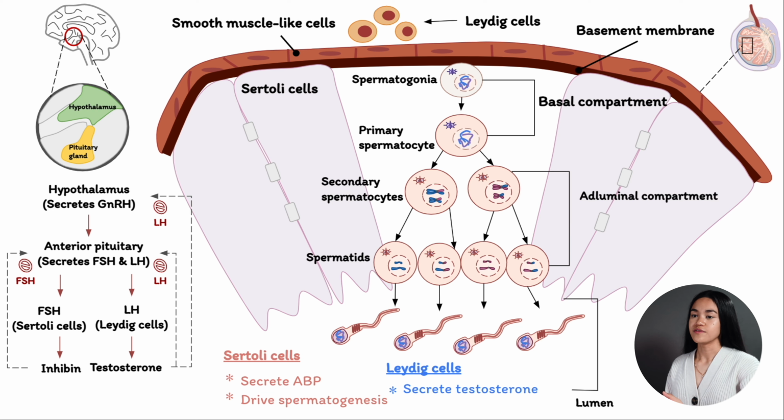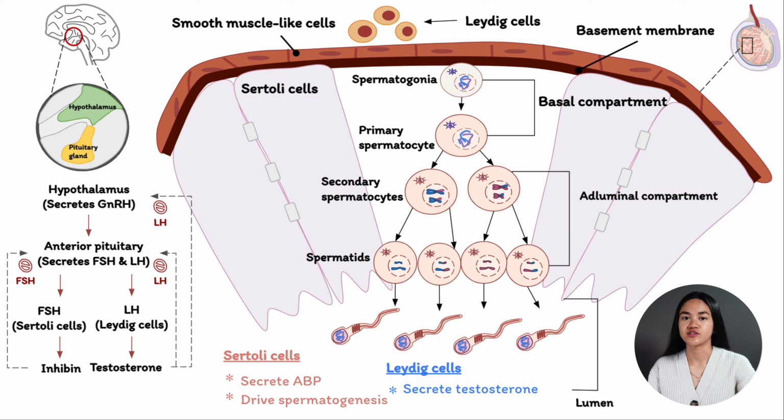And when there's elevated testosterone, it will act directly on the hypothalamus and the anterior pituitary gland to decrease the release of LH and LH only. And FSH is inhibited by inhibin, which is secreted by the Sertoli cells. So that is spermatogenesis. In this lecture, we learned what spermatogenesis is and how it can be divided into three main phases.